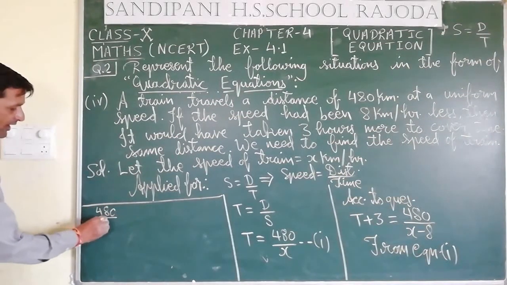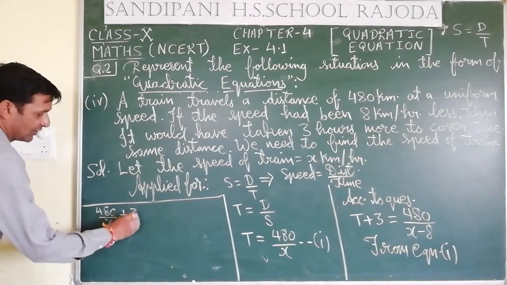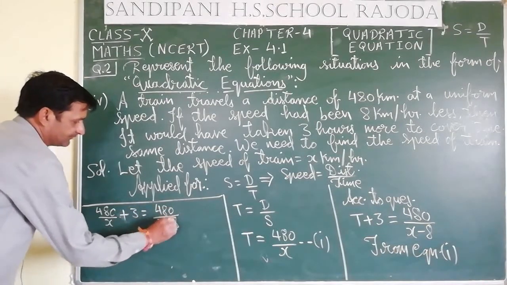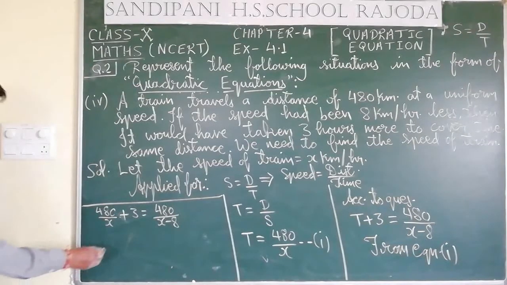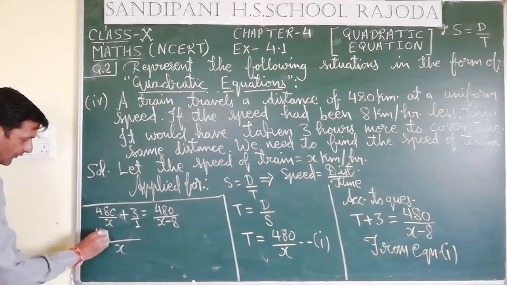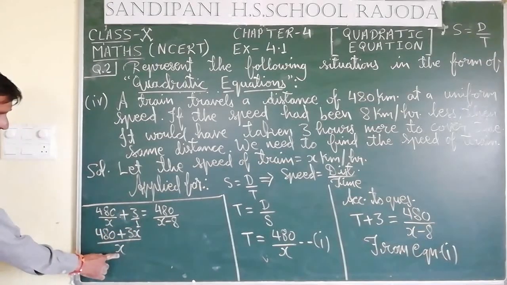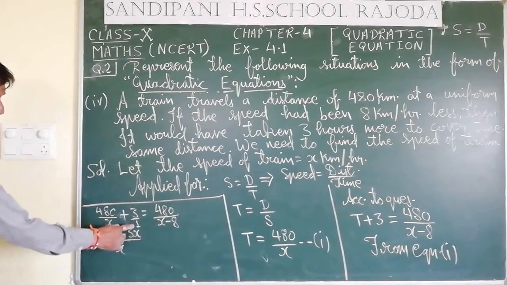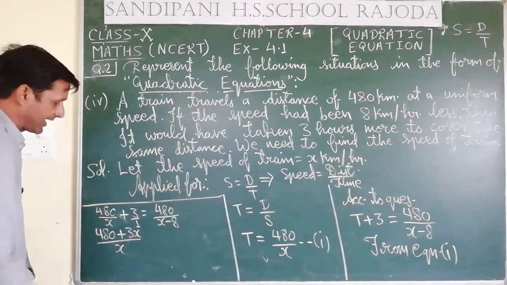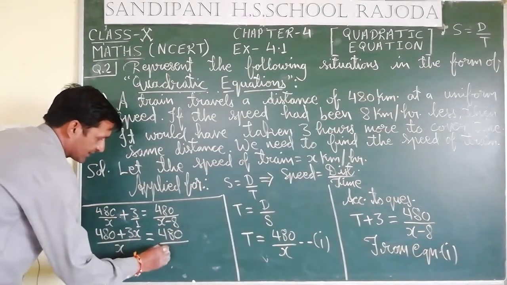Now if we take LCM here, then x will be LCM: 480 plus 3x, because if we divide by 1, so in table of 1 x will be x times, so 3x, in 3 we have to multiply x, is equal to 480 upon x minus 8.